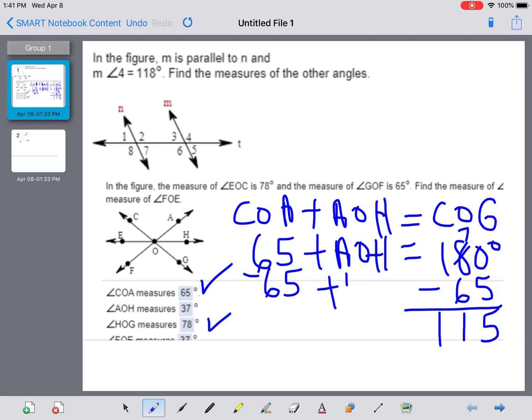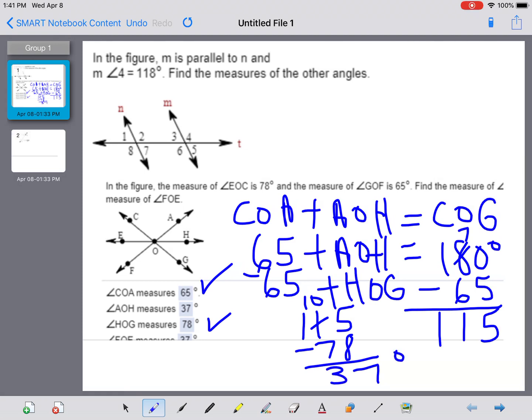I left out angle HOG. That also will give you, the three angles added together will give you a straight line. So HOG is 78 degrees. So let's subtract 115 minus 78. Therefore, the measure of angle AOH is 37 degrees.